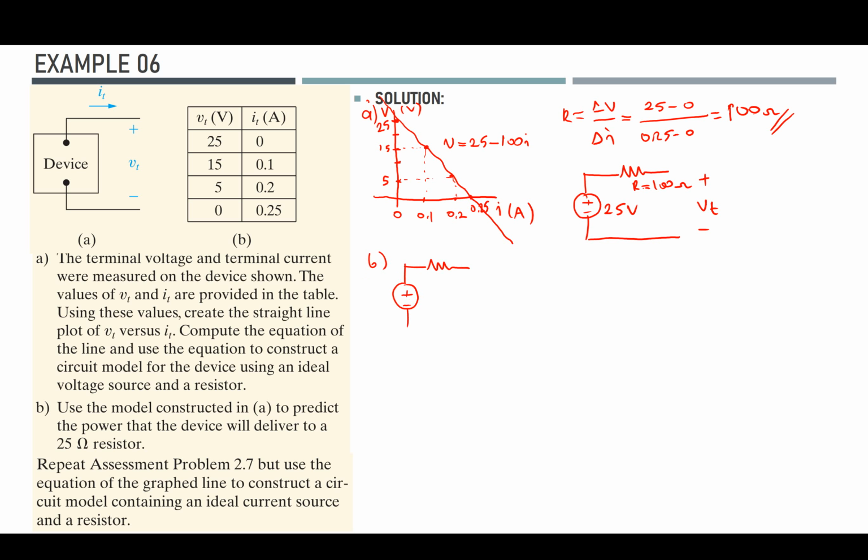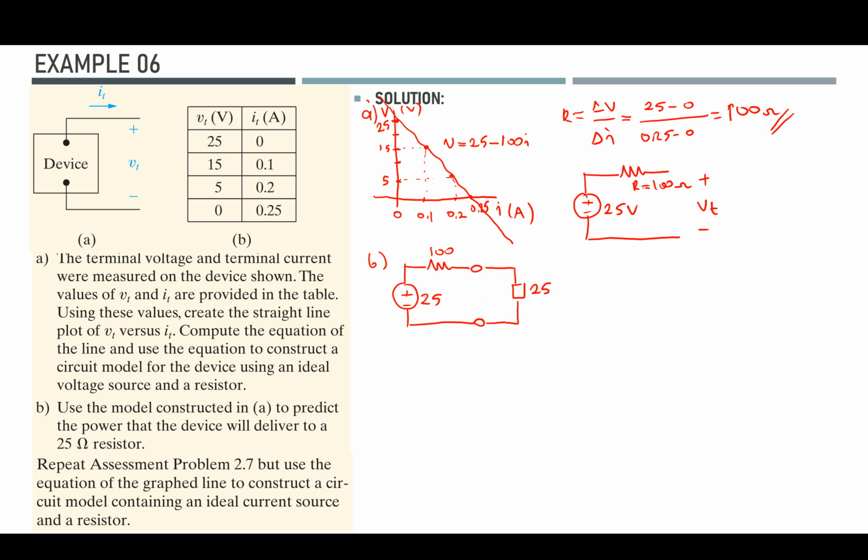This is our 100 ohms and 25 volts. Now these are the terminals, and I connect a load resistor of value 25 ohms here, and I want to calculate the power delivered to this.